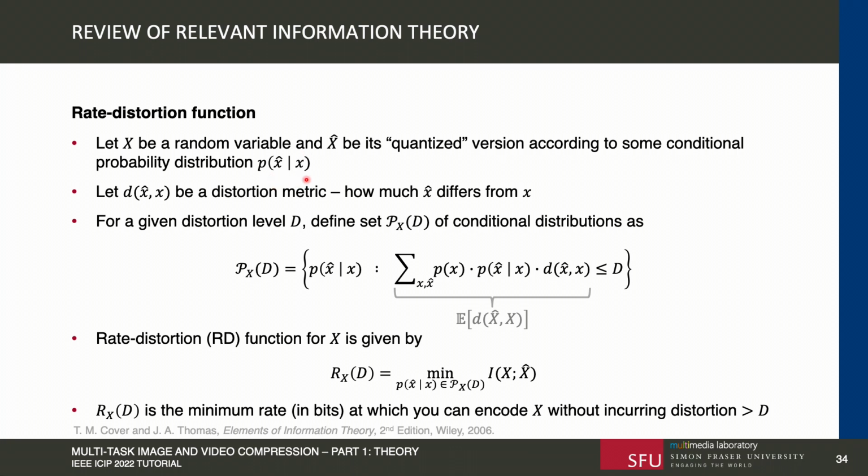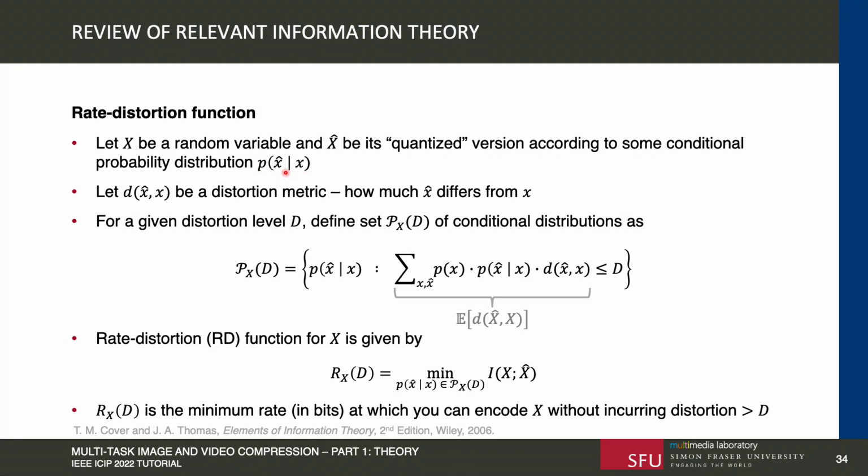In practice, we often use simple scalar quantization in a deterministic way, where when X is given, we know exactly which representation level X hat is going to be assigned to. So for many practical quantizers, this conditional distribution is degenerate.